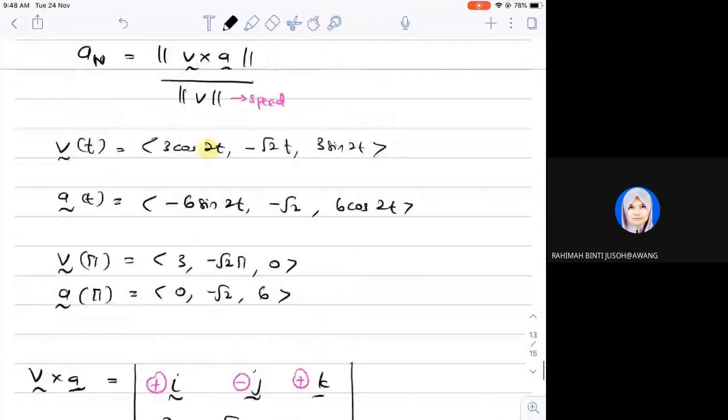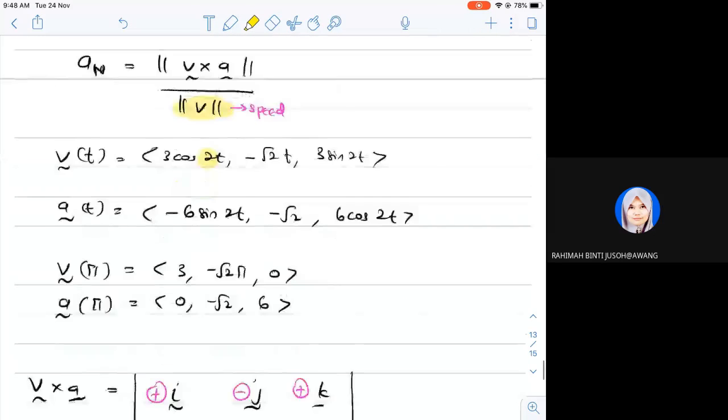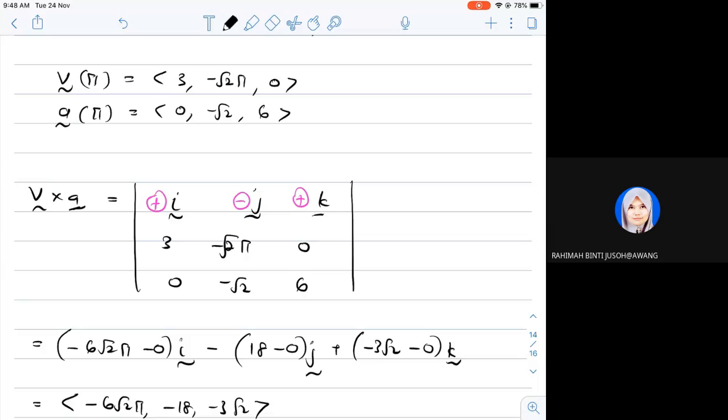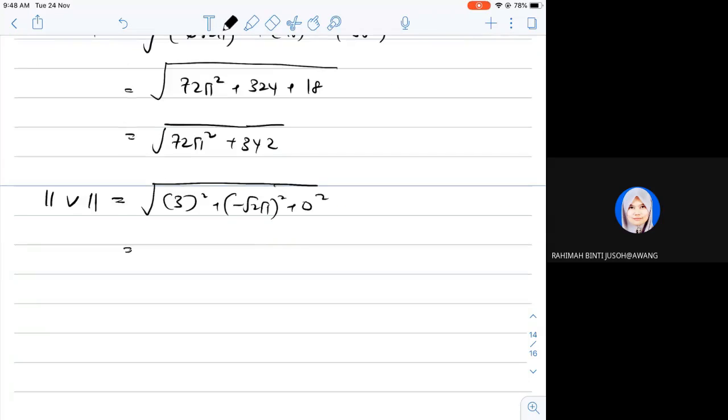Next, we need to find the magnitude of V, the speed. Magnitude of V equals the square root of 3 squared plus negative square root 2 pi squared plus 0 squared. So we have 9 plus 2 pi squared.